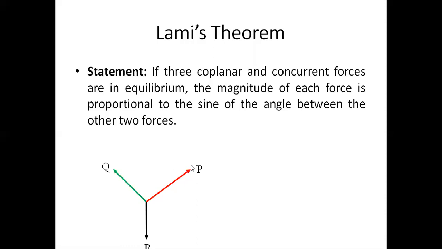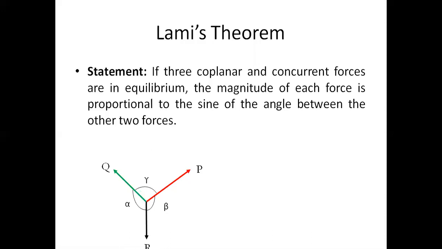Now they give some relation between P, Q, and R. They are proportional to the sine of the angle between the other two forces. So let us see the angles. Alpha is the angle between Q and R, beta is the angle between P and R, and gamma is the angle between Q and P, for example.